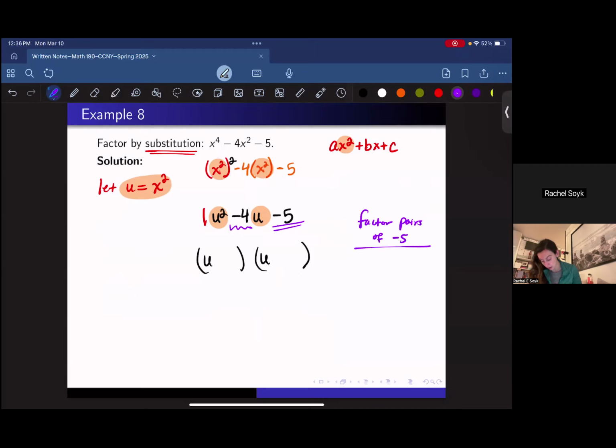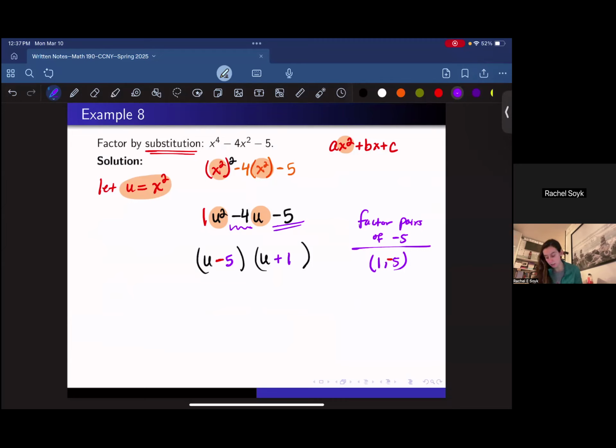Well, first let's look at factor pairs of 5, which is just, it's prime, so we only have 1 and 5, and then let's manipulate a negative. If we want to sum to -4, we should really make that +5 negative. And so our two factor pairs are our -5 and our +1.